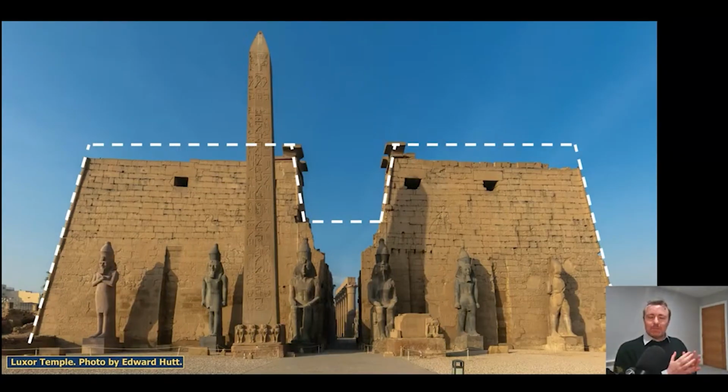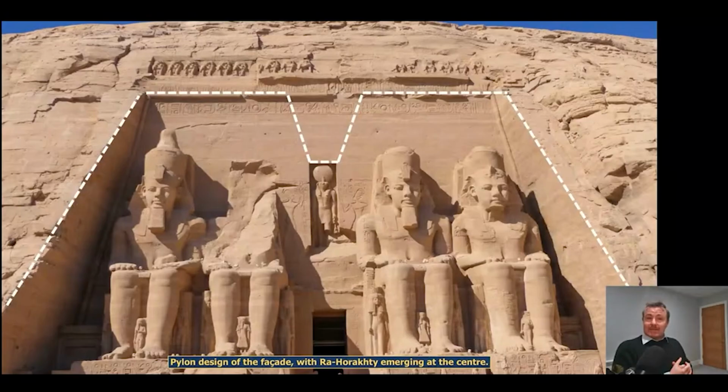linking the two pylons. And depending on the alignment of the temple itself, Luxor is facing the wrong direction, but usually an Egyptian temple will be aligned east to west so that the sun can rise between the pylons at either a solstice or at a specific date on which the temple was aligned. Abu Simbel actually does imitate that. It has the pylon shape, although you might not know it at a glance.